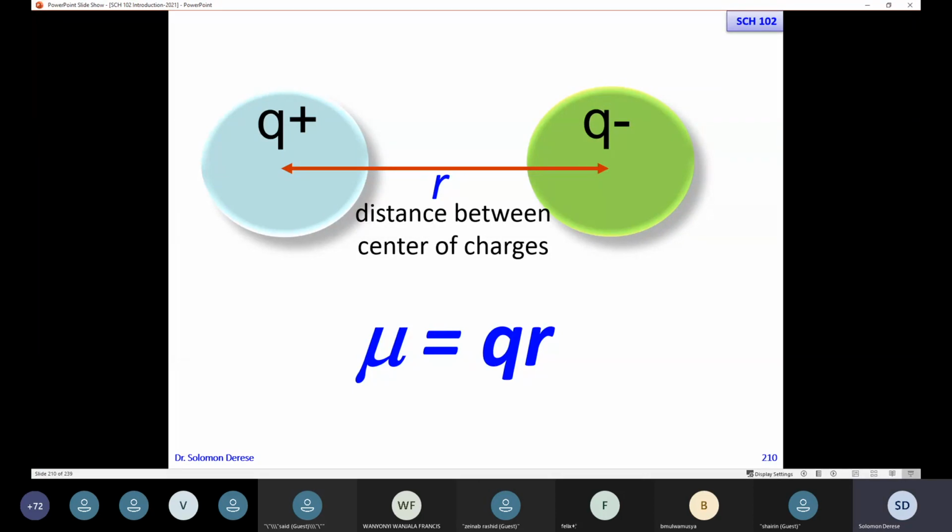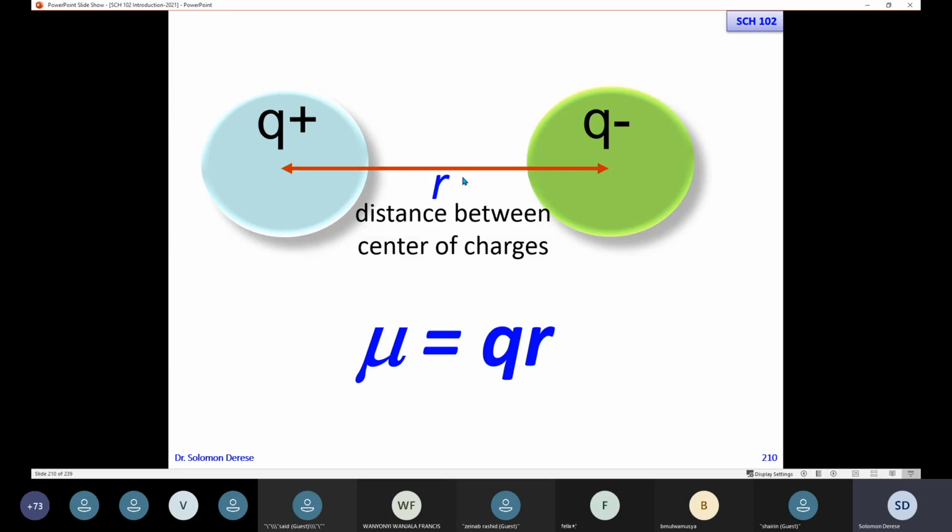One of them is the difference in electronegativity between the atoms. The other factor is the size. So Q will be more if the difference in electronegativity between the two atoms is more. Q will be small if the difference is small. So Q is a measure of the difference in electronegativity between the two atoms.